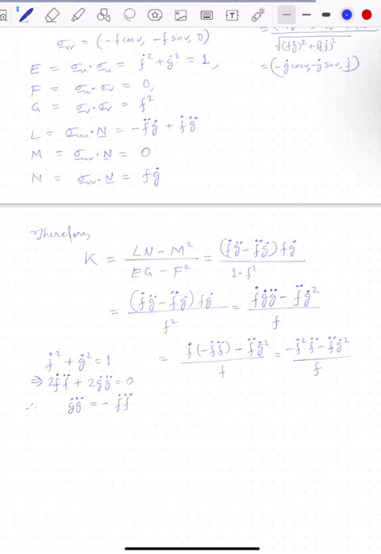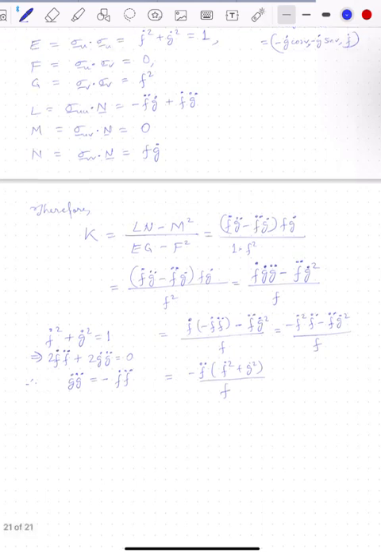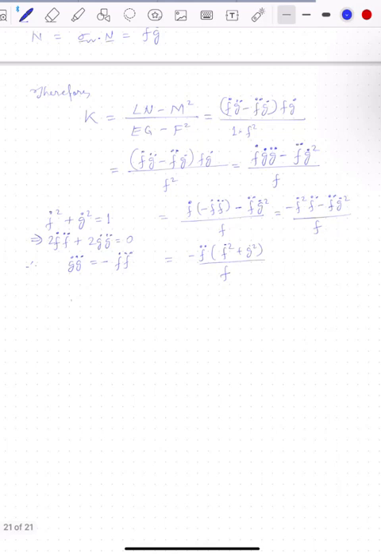And so we can take minus f double dot as common factor, and then we have f dot square plus g dot square divided by f, and we can clearly see that f dot square plus g dot square is equal to 1. So therefore, K is equal to minus f double dot by f. So this is the Gaussian curvature.